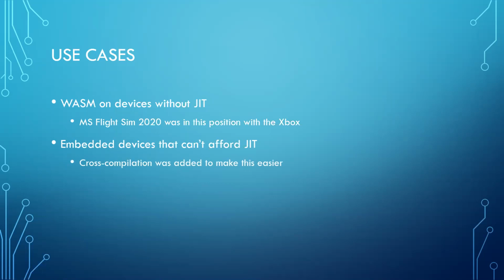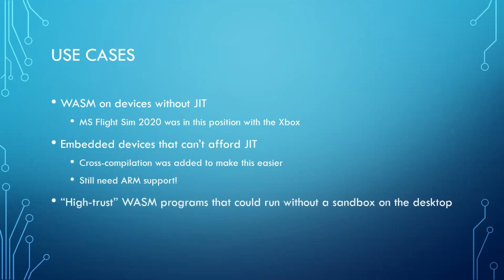And so the hope is that we will be adding ARM support soon, and then we can test out deploying WebAssembly to IoT devices without needing a runtime or a JIT or anything like that. But that's still upcoming.